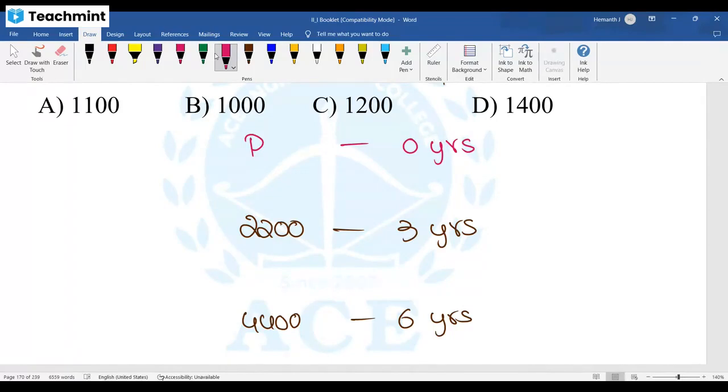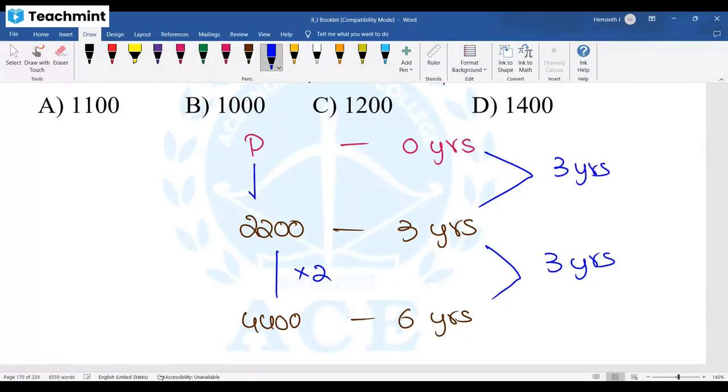Now, if you observe this question clearly, in 3 years the amount becomes double. How much gap? 3 years. It means the amount should be double. So the P value must be 1100.